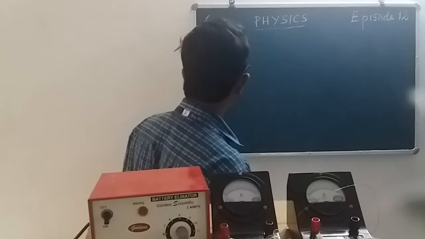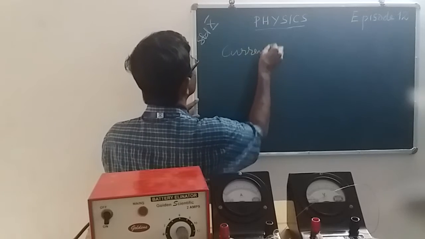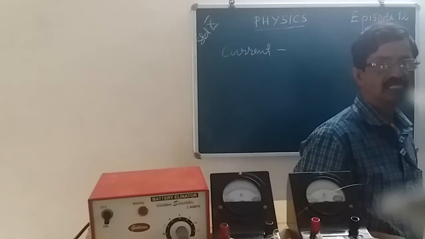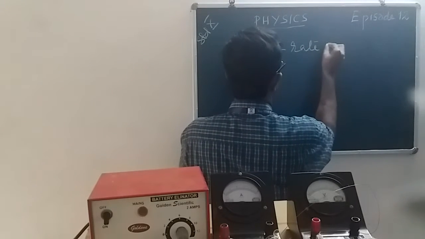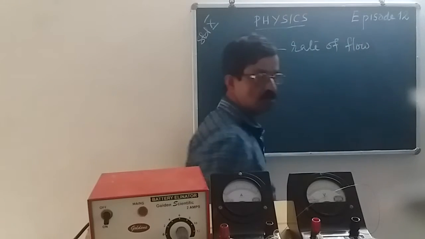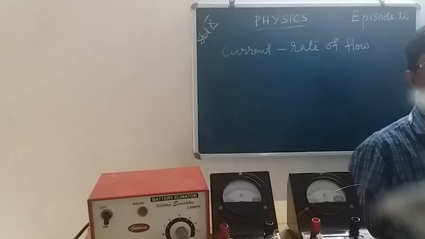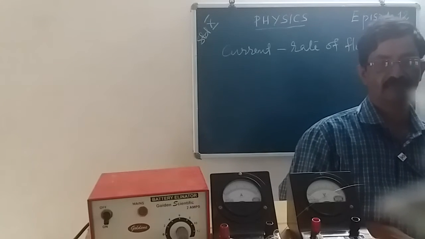Among that, one is what is actually current. Current is the rate of flow of charges. That means charge flowing through a particular region in 1 second.